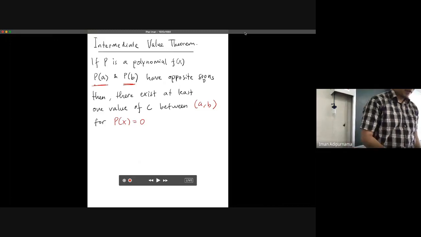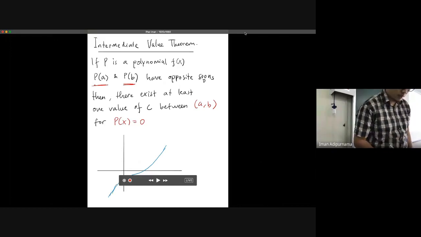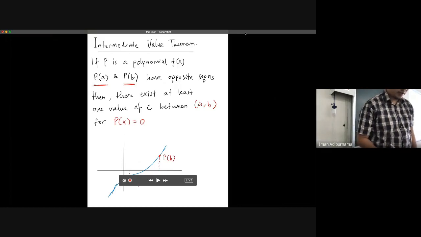What does it mean? If I have a graph, let's just say the graph starts from here. Let's say that is our graph. And this is P(a), this is P(b). So this is your interval, in the middle of the a and b interval.